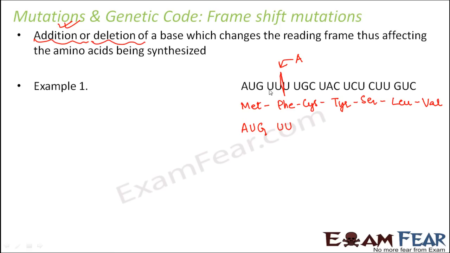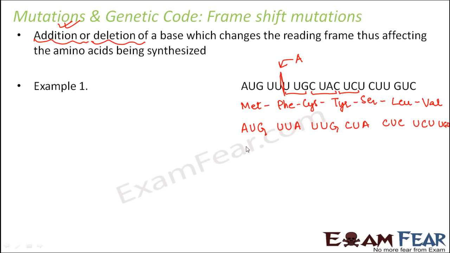So after this U and U, you have A, so it will become UUA. Now everything gets shifted. The next one will be UUG, then CUA, then CUC, then UCU, then UGU, and so on.